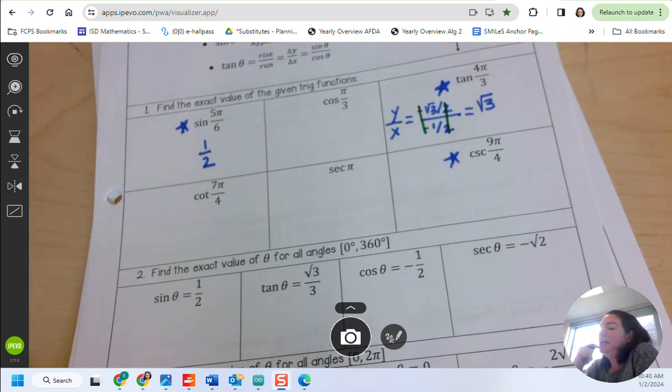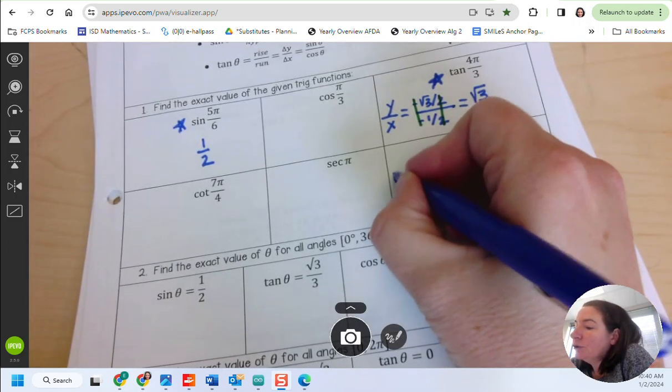All right, cosecant 9 pi over 4. What is the problem we run into here? We don't have 9 pi over 4. Why? It's too what? It's too big. All right, so what happens is once you do the circle one time, it starts over again. So one time around is 2 pi, right?